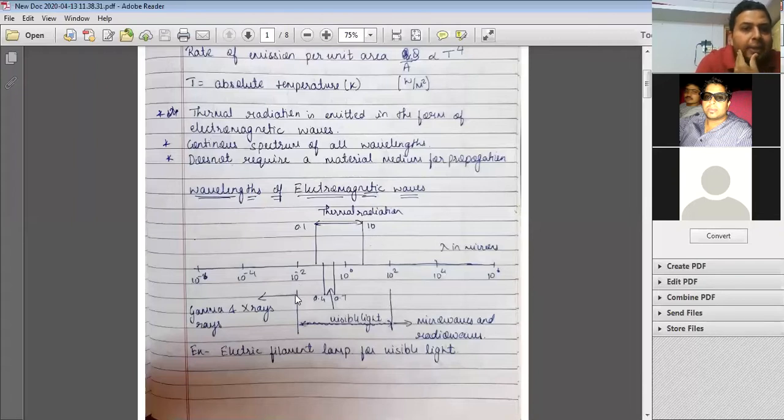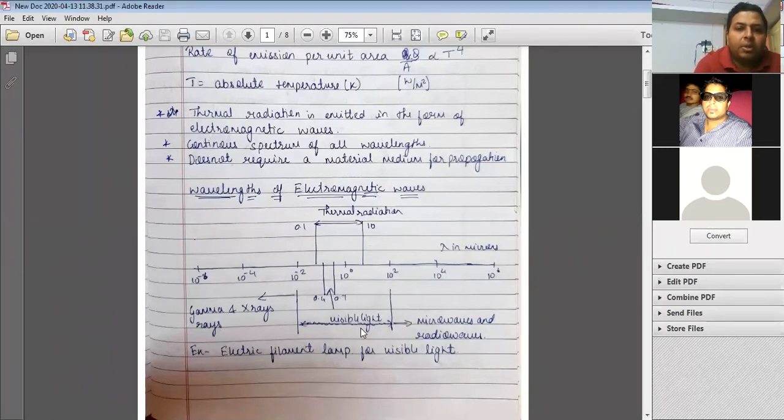Then lesser than 10 raised to minus 2, I'll be having gamma rays and X-rays. And greater than 10 raised to 2, I'll be having microwaves and radio waves. The visible light, for me, will be within 0.4 to 0.7.